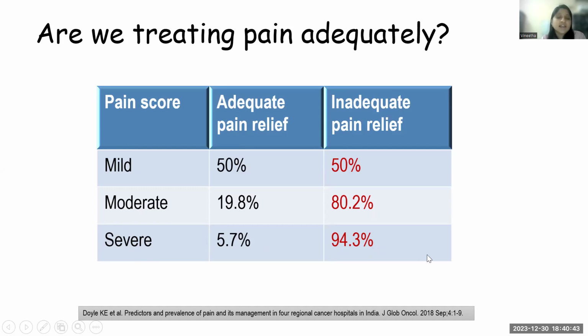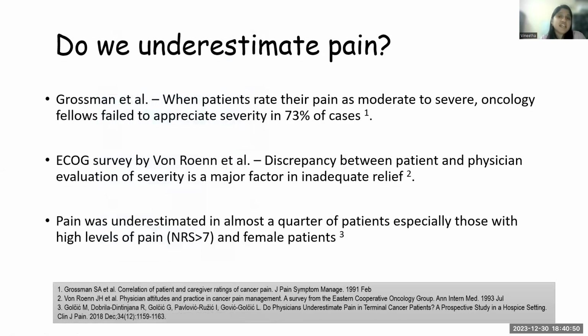But why are we not able to treat pain adequately? Is it because we underestimate pain? As I told before, are we systematically taking a history and examination, systematically looking for the cause of pain? Are we using any tool like NRS or VAS to document the severity of pain?